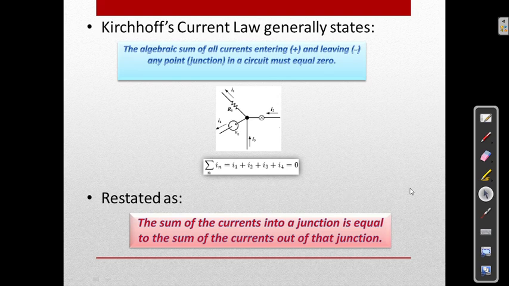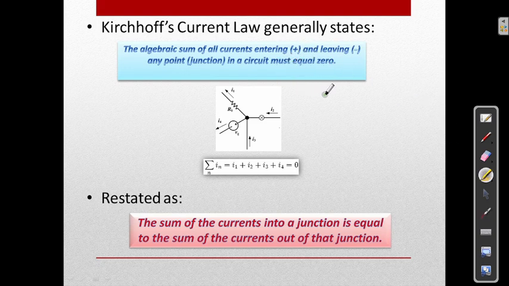The algebraic sum of all the currents entering and leaving at any point, which means a junction in a circuit, must equal 0.